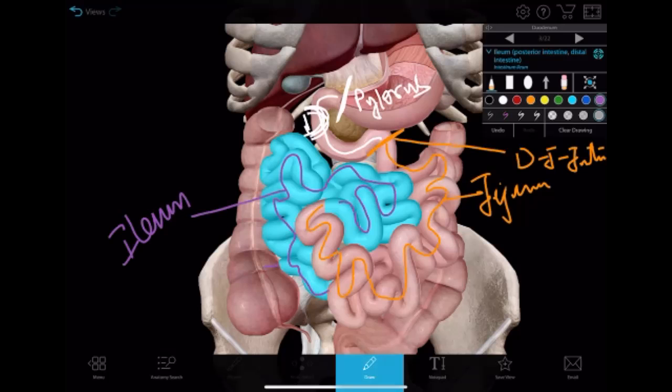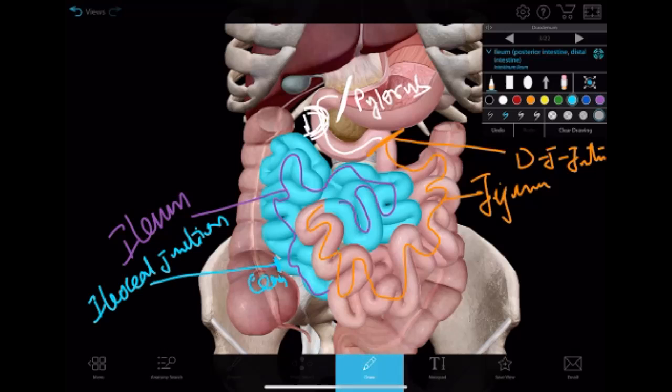So this one is the cecum, and the junction is called the ileocecal junction. So the small intestine ranges from the pylorus to the ileocecal junction.